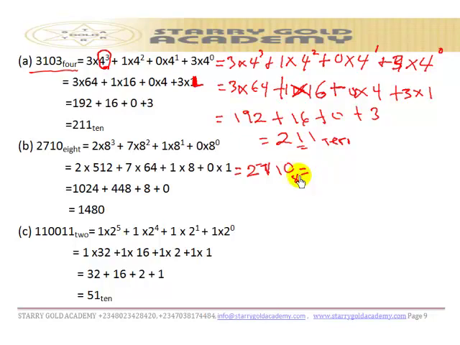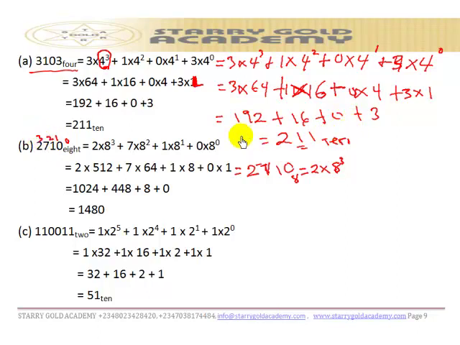So let's expand. If we expand, we are going to have 2 times 8 raised to power 3. Why is it raised to power 3? Because your unit carries the power of 0, your tens carries the power of 1, your 100 carries the power of 2, your 1000 carries the power of 3.